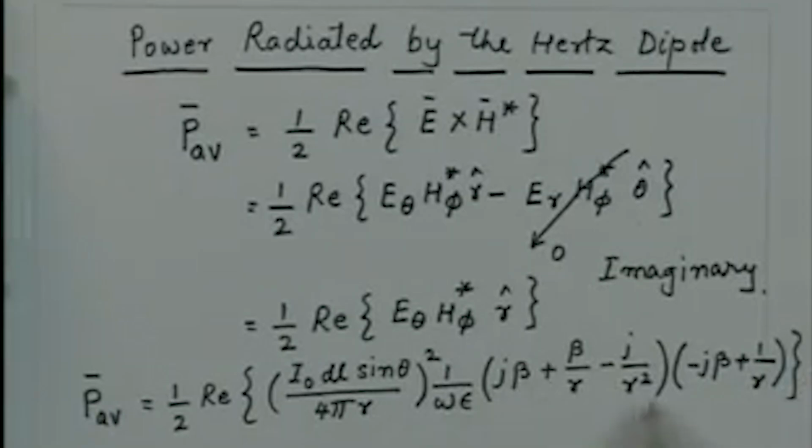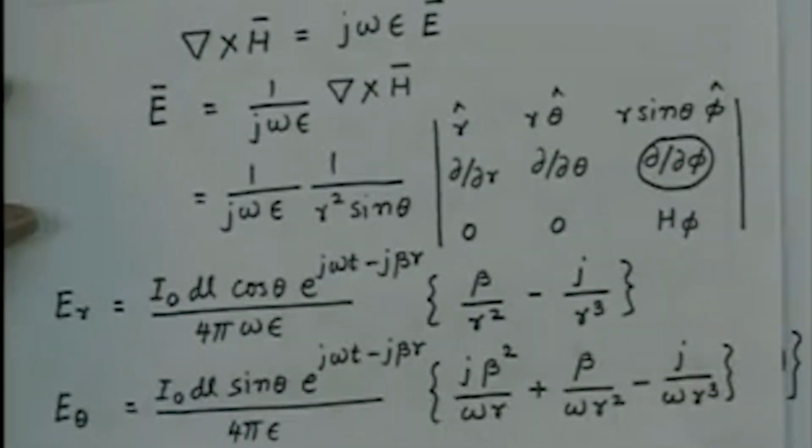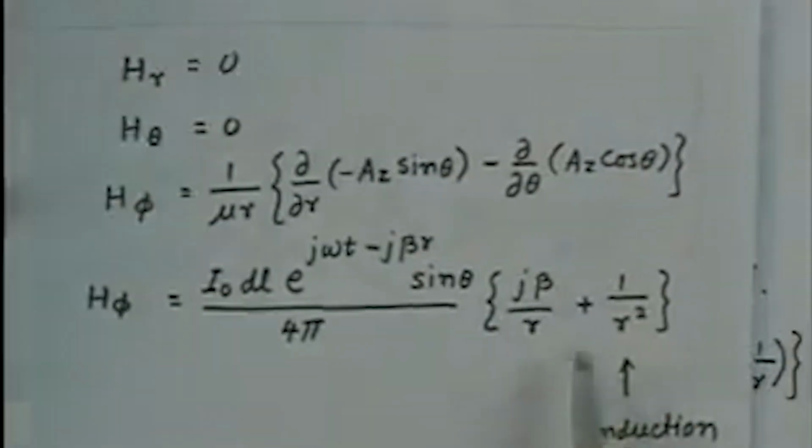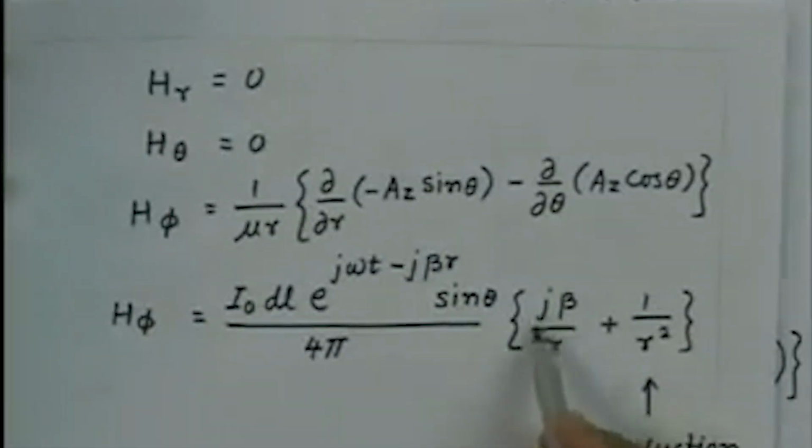So, you see this term is essentially coming from the electric field, whereas this term will be coming from here, and we have got a minus sign here because it is H conjugate. So, this becomes minus j beta term.